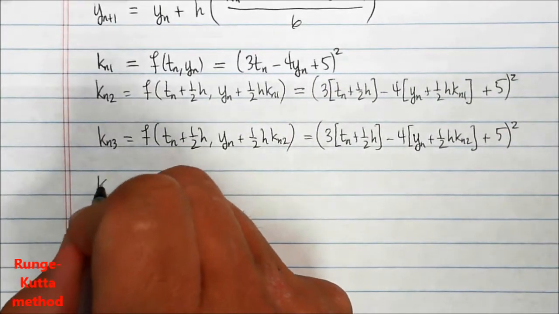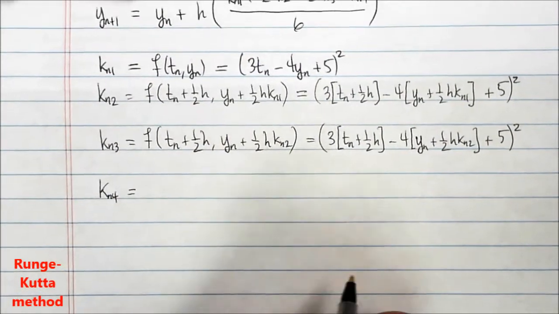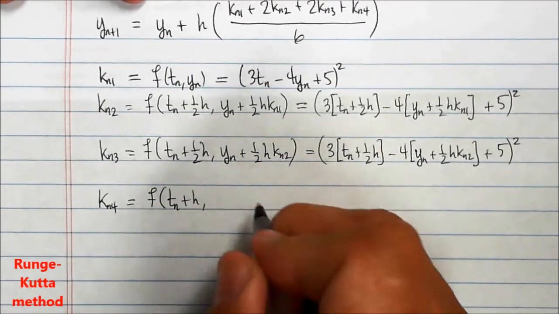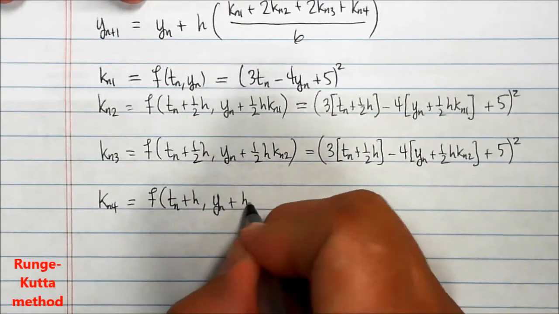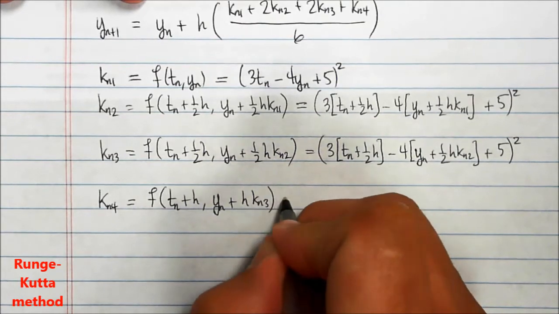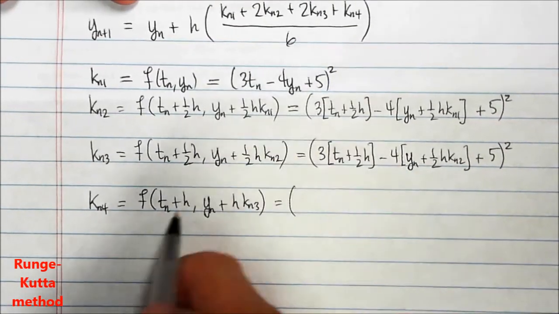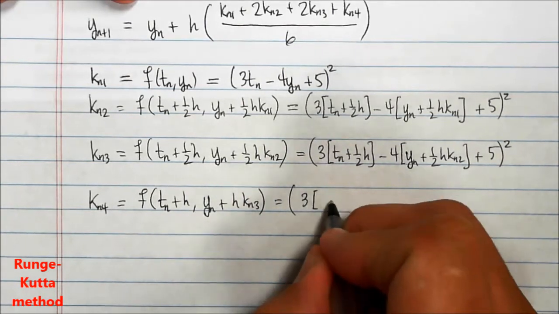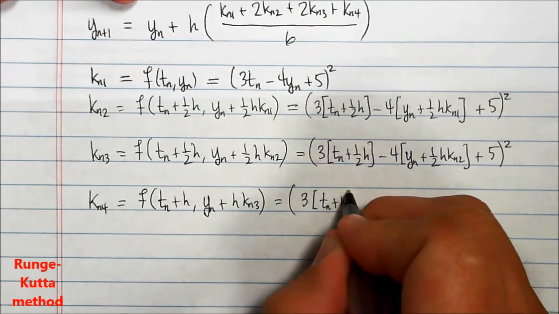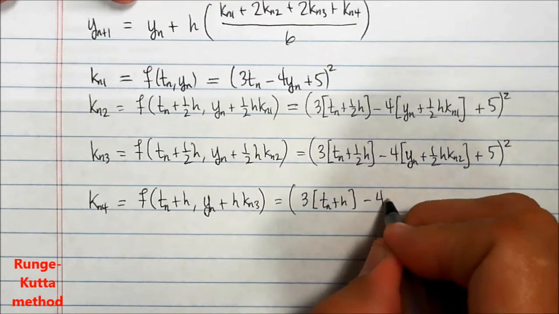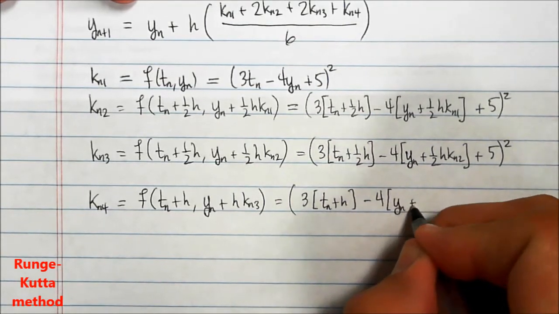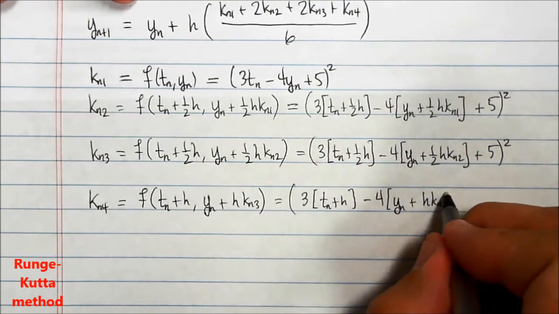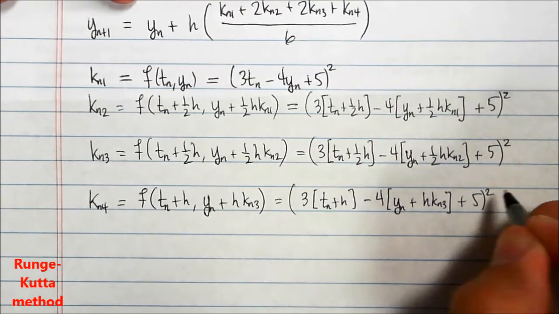And then k sub n4 will be equal to f of t sub n plus h, y sub n plus h times kn3. Now that's t sub n plus 1, but I'll write it like that just so that it matches the form of all the previous terms. t sub n plus h, minus 4 times y sub n plus h times kn3 from the previous line, plus 5 squared.